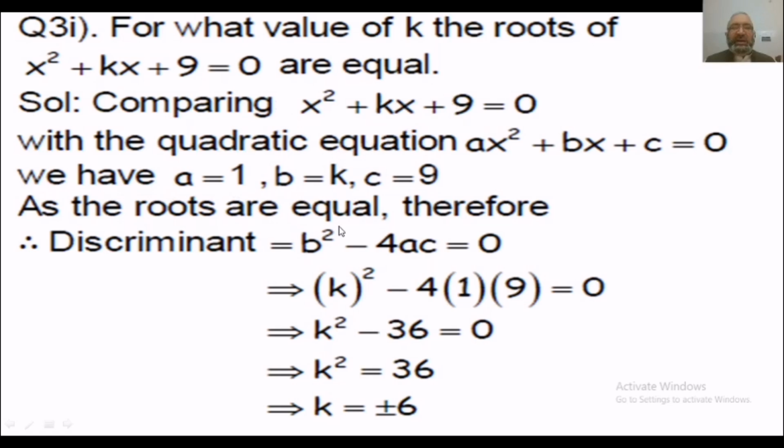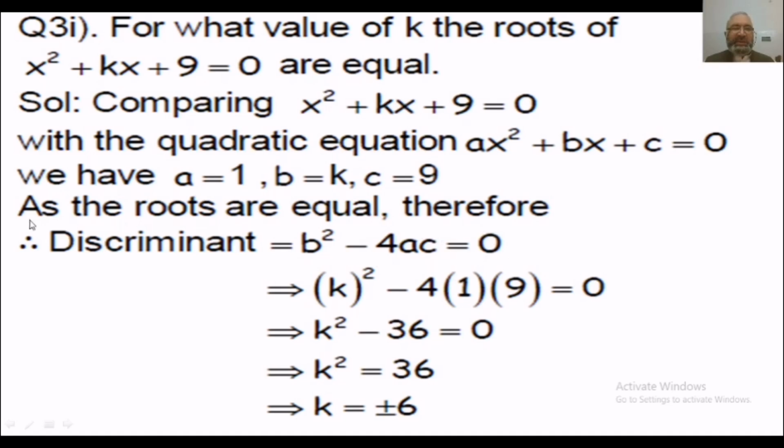As the roots are equal, therefore discriminant b square minus 4ac is equal to 0. If it is given that the roots are unequal and real, then we take the discriminant greater than 0. If it is given that the roots are imaginary, then b square minus 4ac is less than 0.